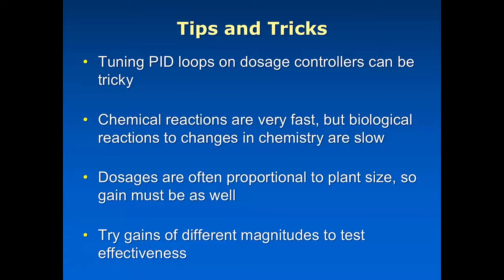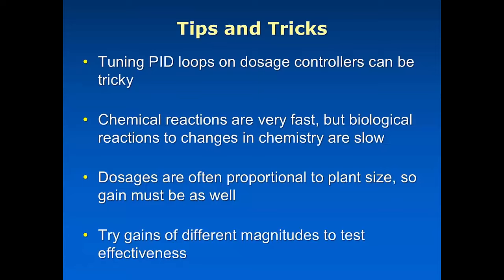However, if you were doing a controller, say, on methanol, you would probably find you'd have to have a much different type of controller, because it's not a chemical reaction, it's the biological system's reaction to the addition of methanol. So that is a function of the biology, so it's slower. It's also completely a function of the SRT and the temperature and many other things. And so you'll find that a different approach is required.